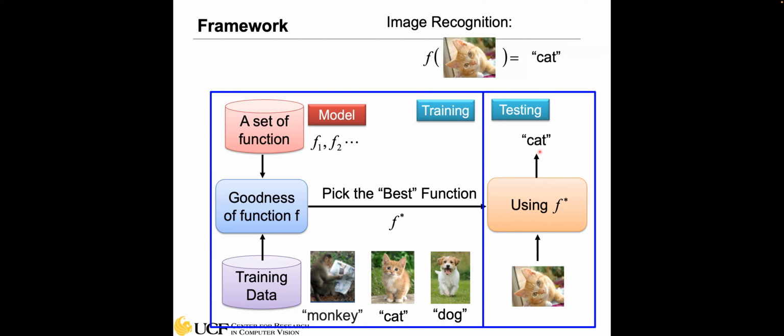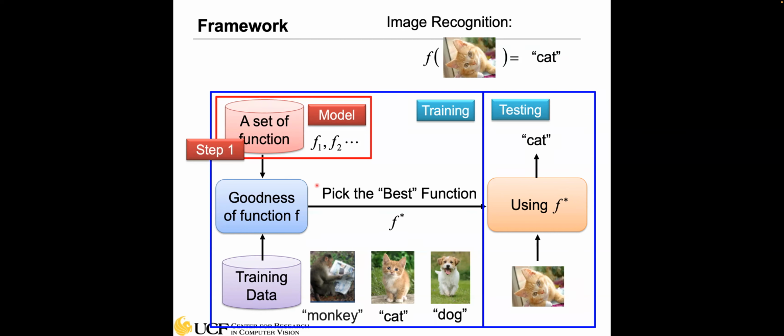Testing stage means you have some unknown data, where we don't know the labels of these images, but since we already identified a good mapping function, we use that to generate the prediction. We're going to trust this model prediction. That's the training phase and the testing phase.